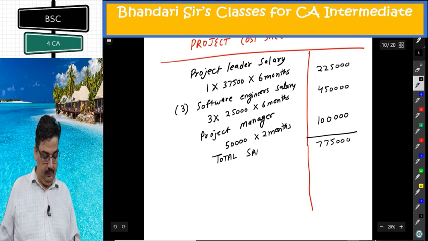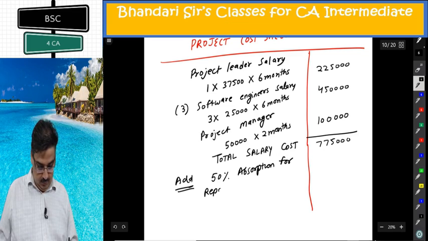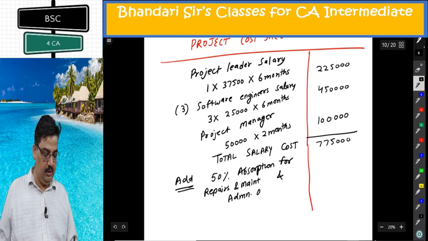Total salary cost. Add 50% absorption for repairs and maintenance and administration overheads.